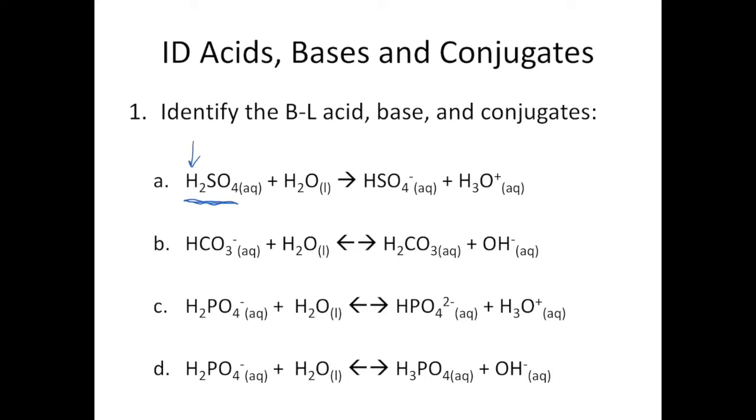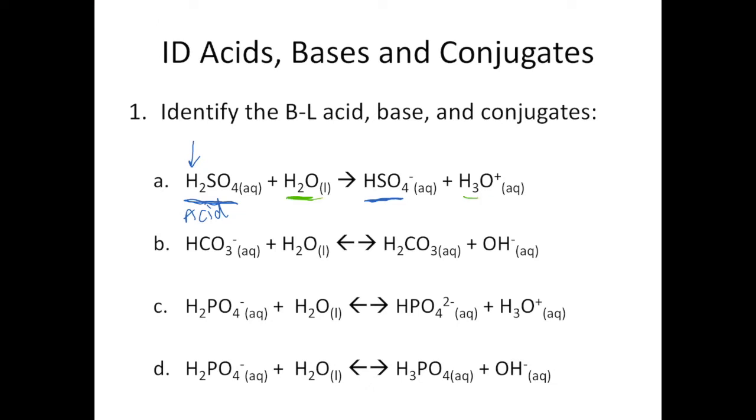So we have H2SO4. We have ionizable hydrogens here, so we have protons to give. So let's look at what happens to this one on this side. It looks like it's gone from H2 to 1 hydrogen, so it has donated a proton. So H2SO4 is my acid.